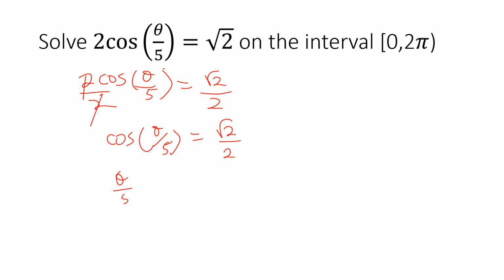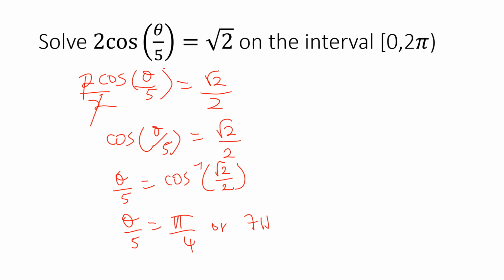So θ/5 equals cosine inverse of root 2 on 2, which in radians gives us π/4 and/or 7π/4.